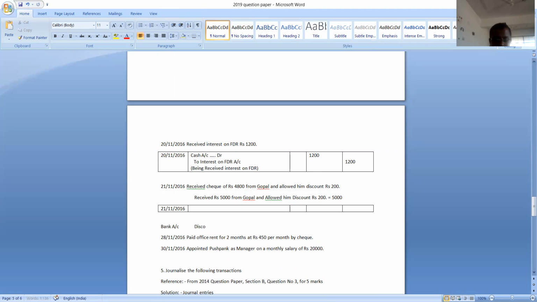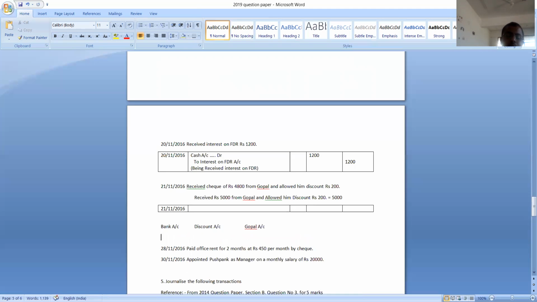So another is the discount account, and another account is Gopal's account. One is the bank account, another is Gopal's account, and another one is the discount account.